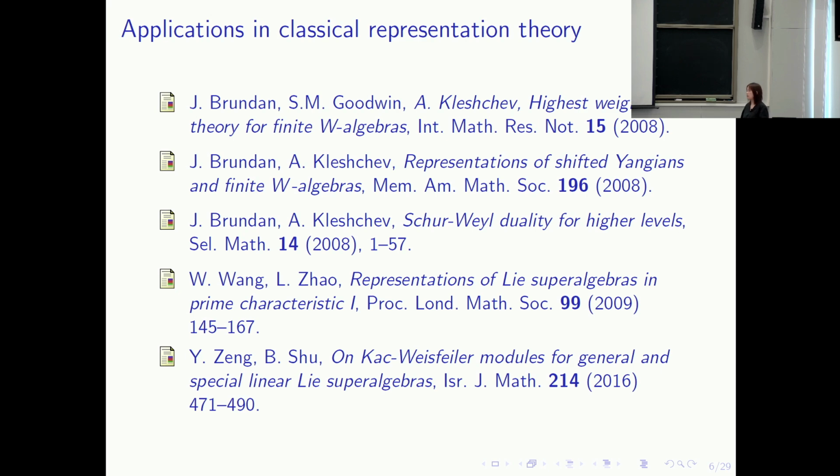Of course, the connection between Yangians and W algebras provides a powerful tool to study the W algebras, including their representations and further applications. There are many papers that demonstrate this.